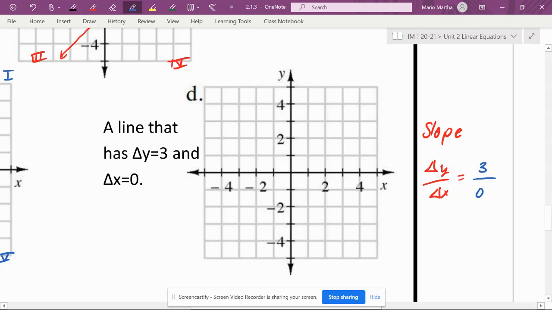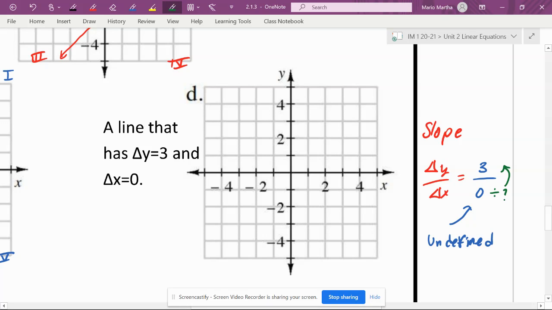Now here again, be careful. This does not equal 0. This is what we call undefined. The reason is undefined is because if you think about what a division does, it's like what number times the bottom number gives me the top.